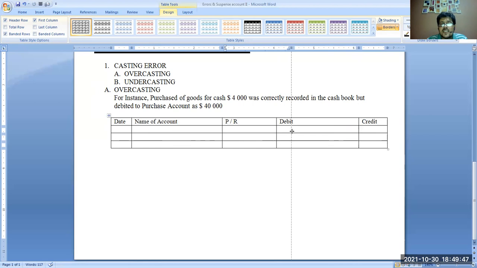We have debited purchases more than the real amount. So we will debit suspense with 36,000 and we will credit purchases by 36,000.